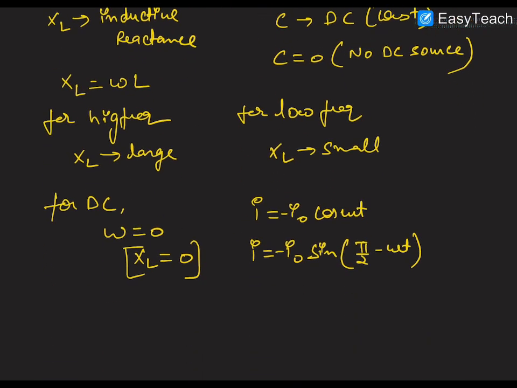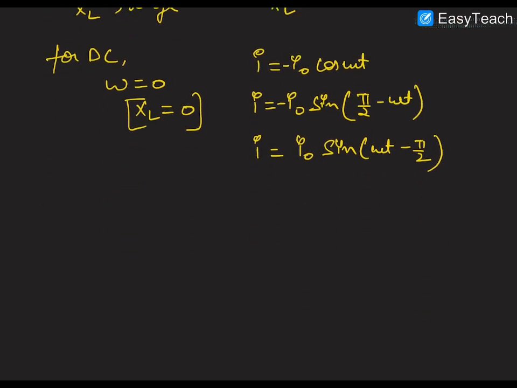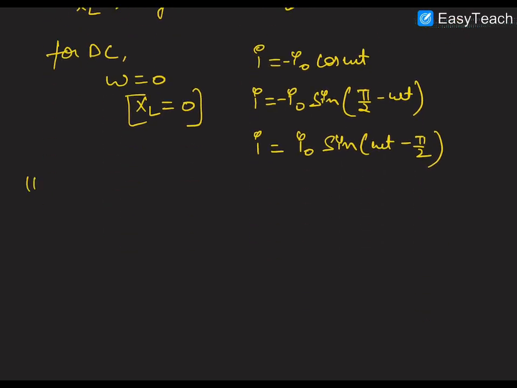So we cannot use that negative sign with omega. So I have written it like this. Therefore, it becomes I naught sine omega t minus pi by 2. And you can easily see that the voltage here is V naught sine omega t.